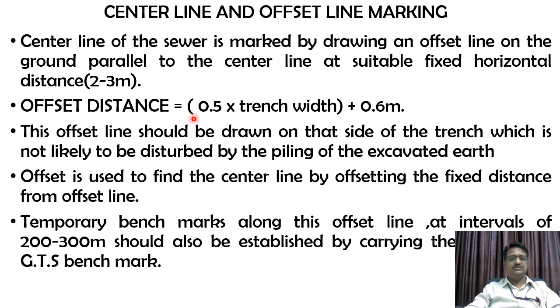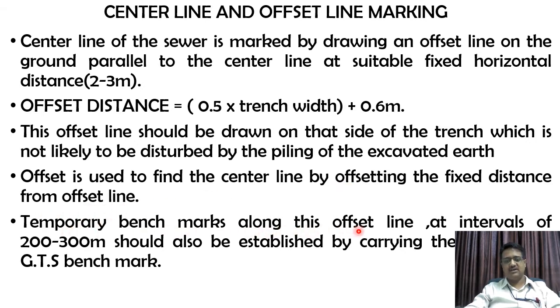Offset distance usually is equal to half of the trench width plus 0.6 meters. This offset line should be drawn on that side of the trench which is not likely to be disturbed by the piling of the excavated earth. Okay. The offset is used to find the center line by offsetting the fixed distance from the offset line.